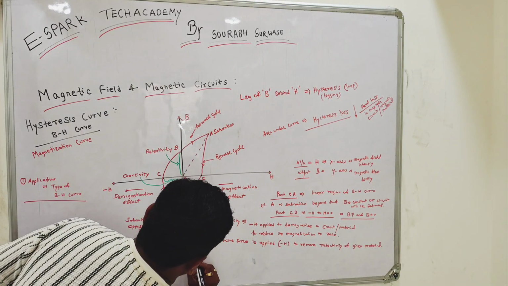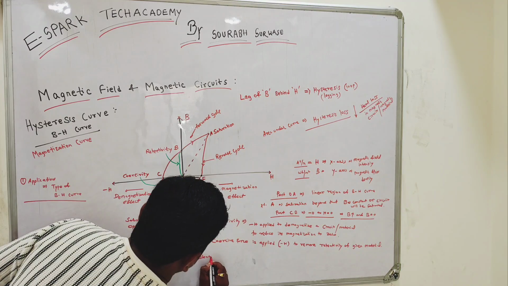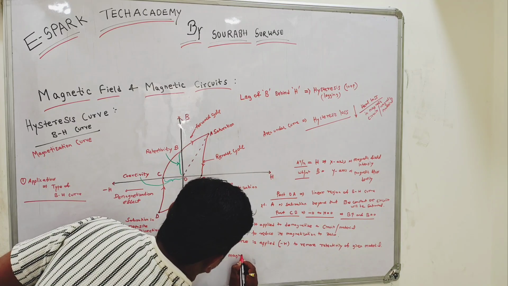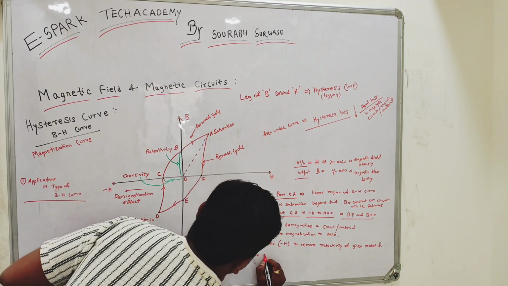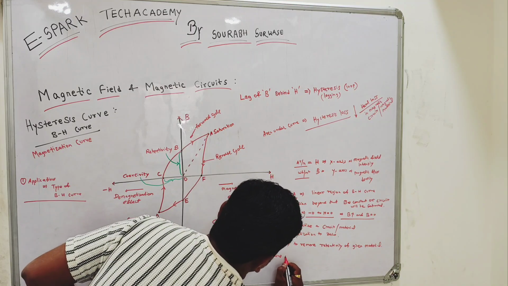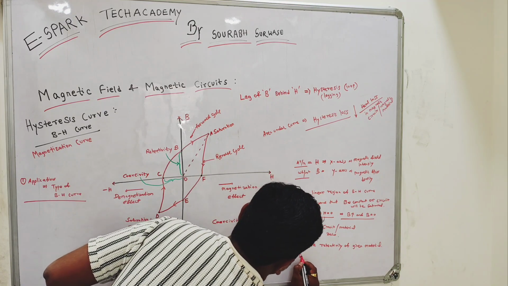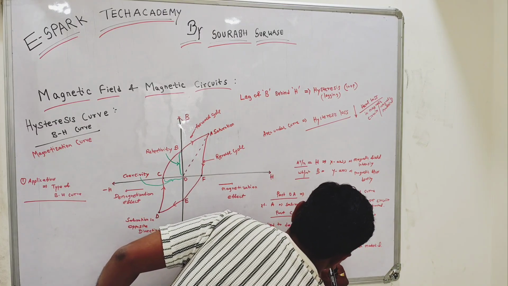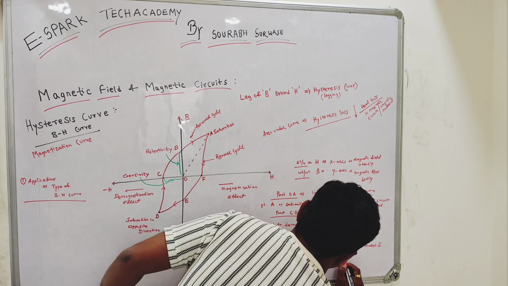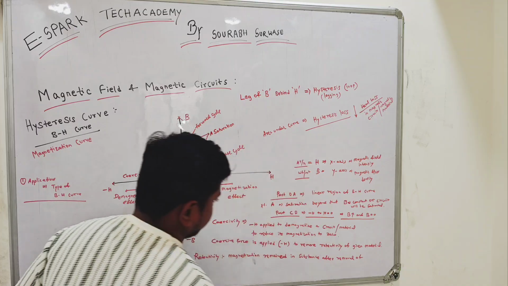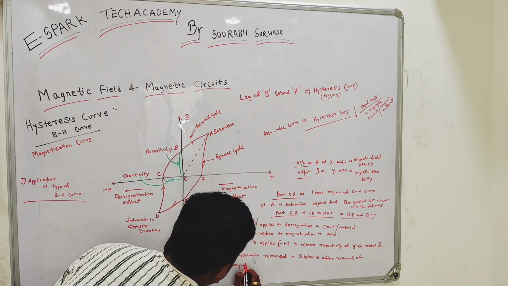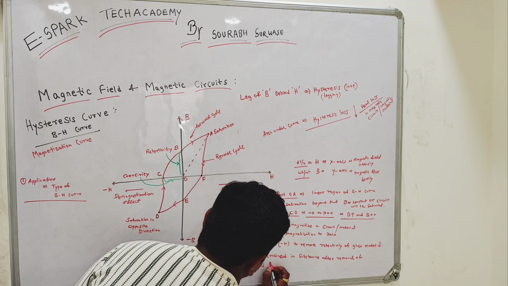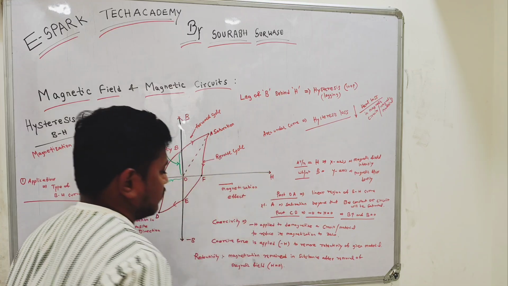Retentivity is the magnetization remaining in the substance after removal of the magnetic field, meaning H is equal to 0 in this case.